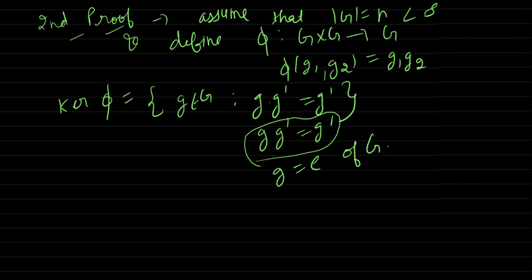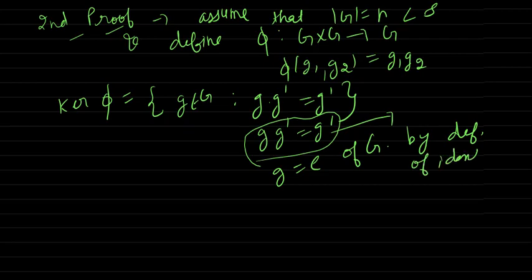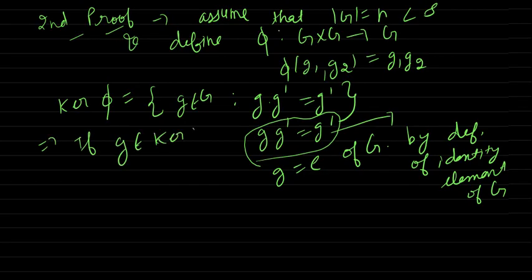Because this is just the definition of the identity element of G. So this implies if g belongs to the kernel of phi, then g has to be the identity, and obviously the identity belongs to the kernel of phi. So hence the kernel of phi is just the trivial set, which is the identity set.